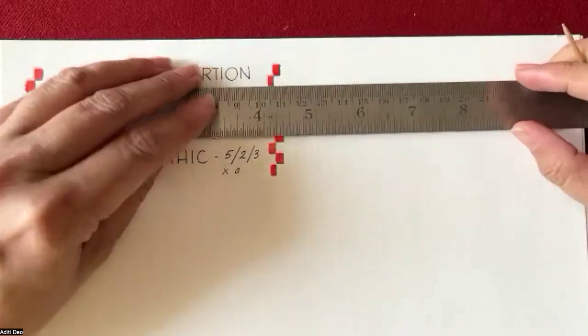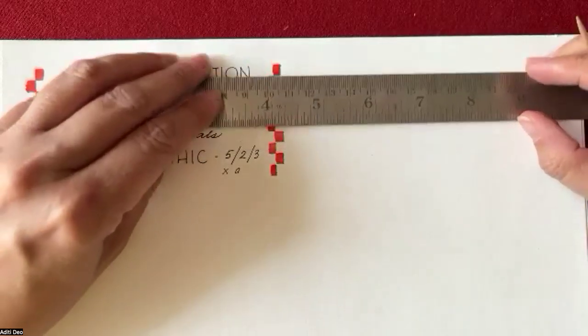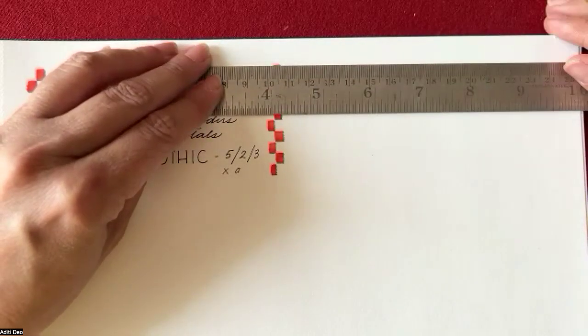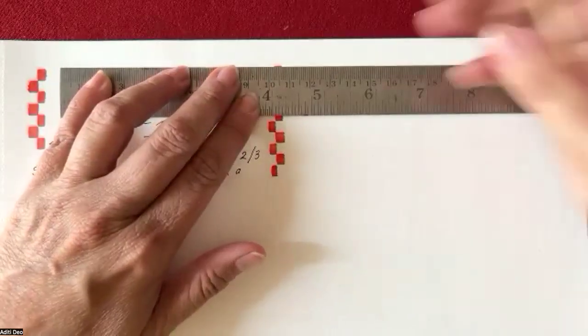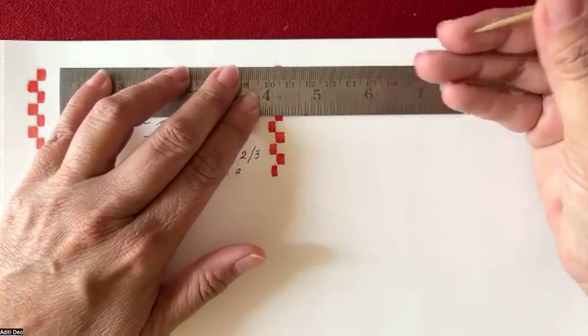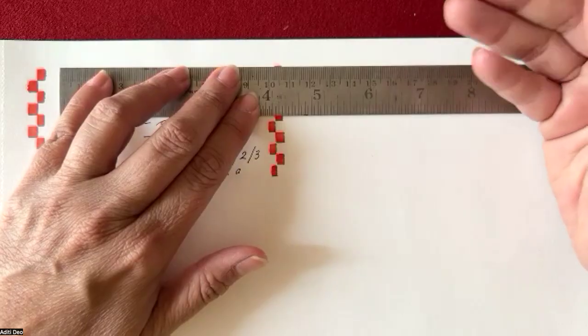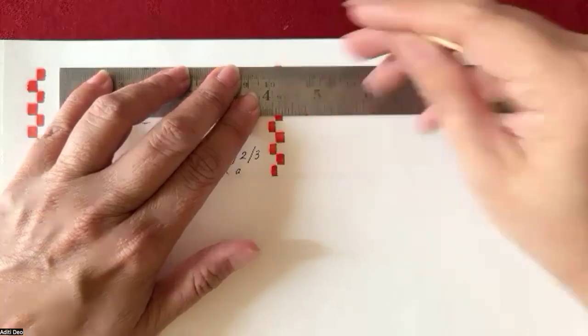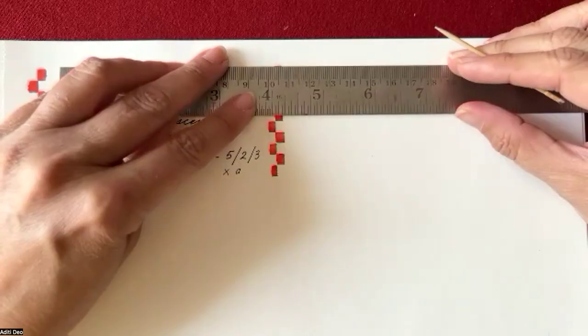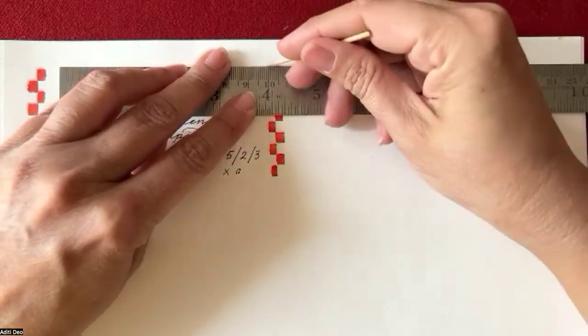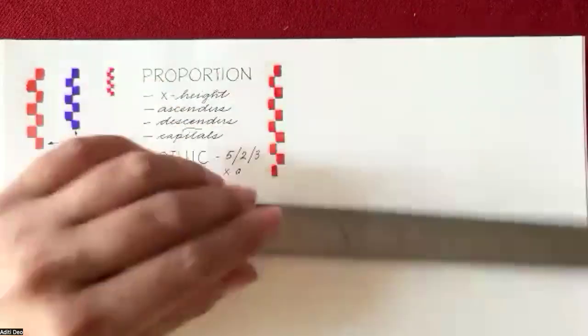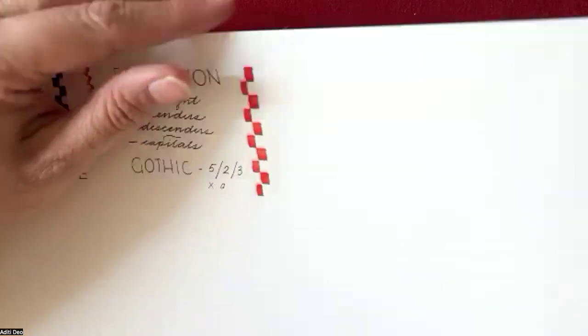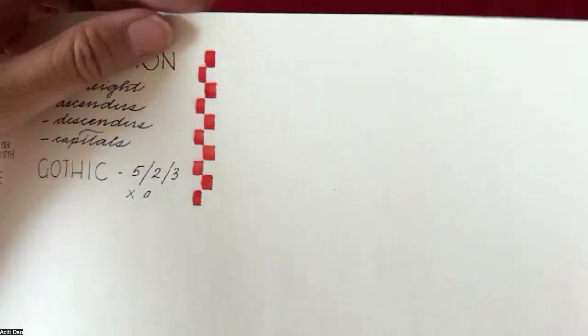So what you can do is mark a line at 0. If you don't have a toothpick, you can use just the blunt edge of your cutter maybe, or a scissor. And you'll see that there's an indent in the paper.